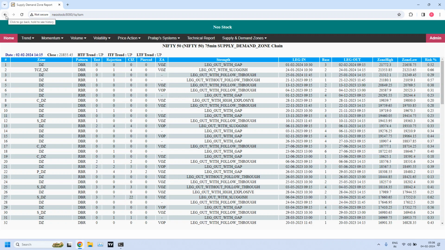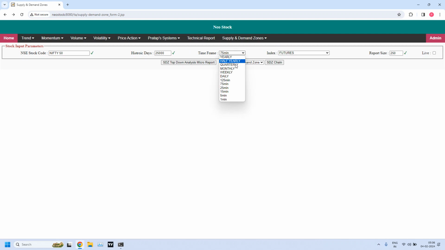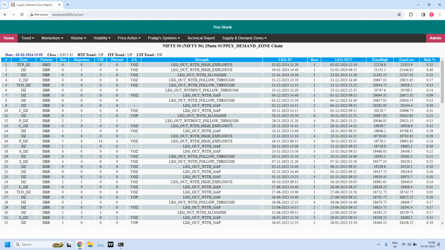So let's change the time frame. Let's go to the next time frame. From 75 minutes, we are going to 25 minutes and generating the chain. At 25 minutes level, a high liquidity zone is there. Please remember the lifetime for lower time frames is very small.